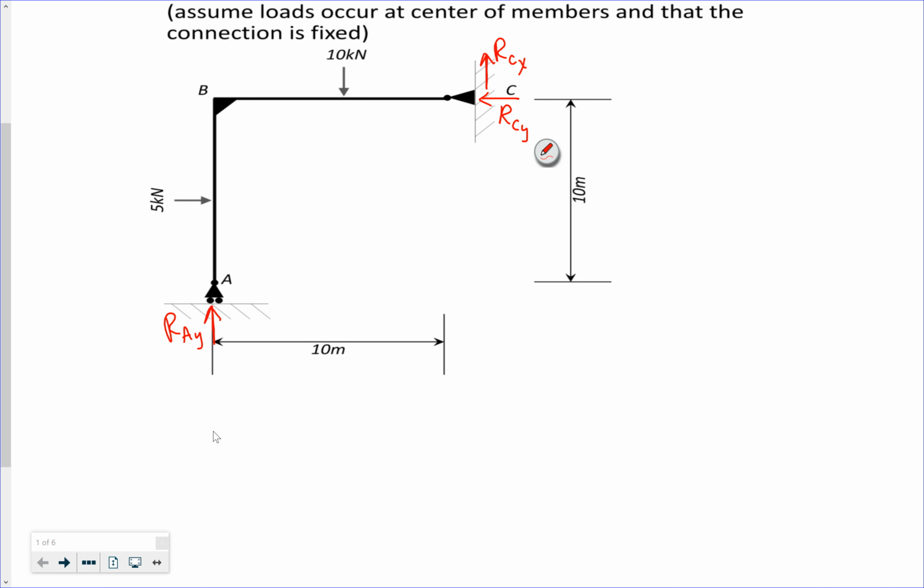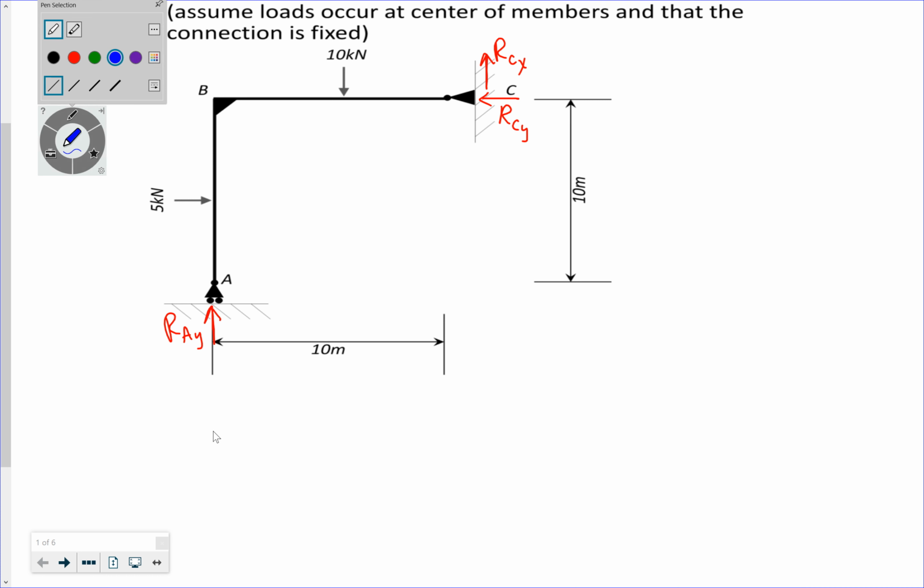So first, let's do the sum of the forces in the horizontal direction because those are easy. Oops, I wrote Y and X. Those need to be opposite. Oh my gosh. Okay, hold on. RCY and RCX. Okay. So let's see.